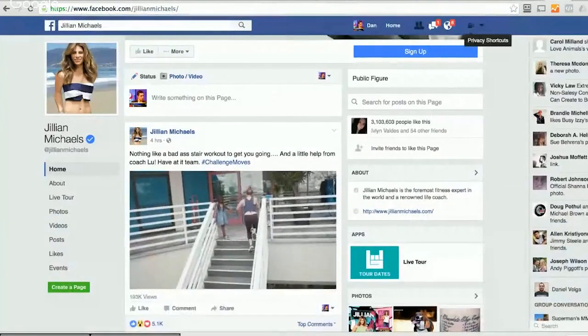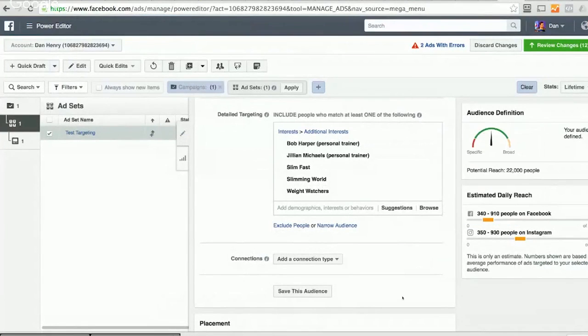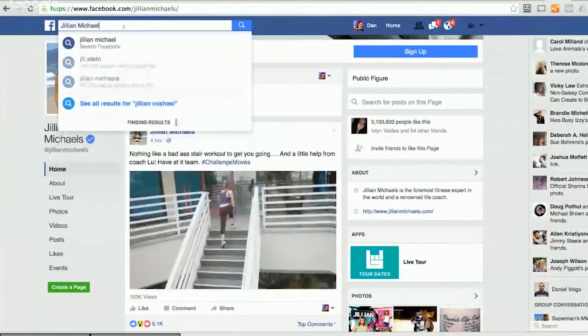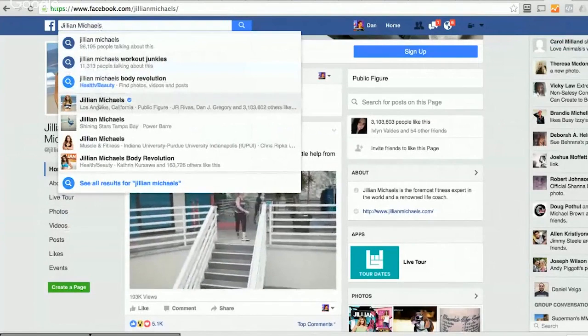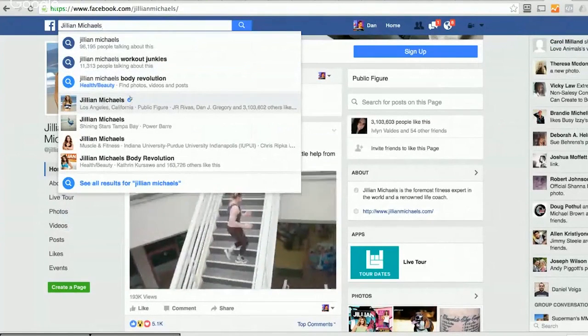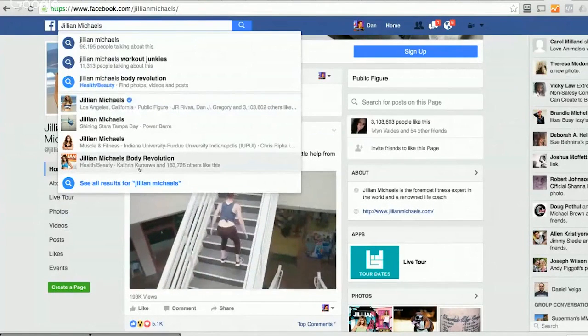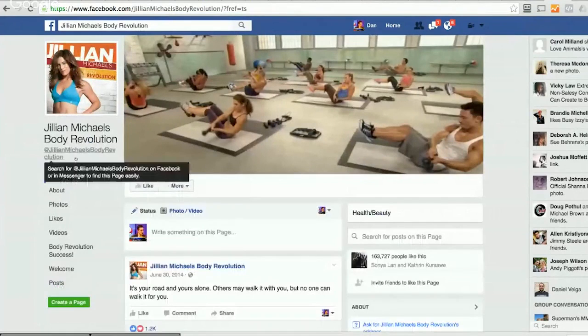The reason you're seeing more than that is because, for instance, if I type this in, Jillian Michaels, you're going to see Jillian Michaels, which has a verified badge. But then there is Jillian Michaels Body Revolution. And there's probably a ton of other pages that are owned by her or affiliated with her.